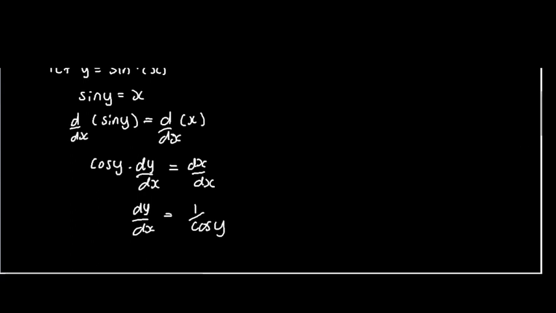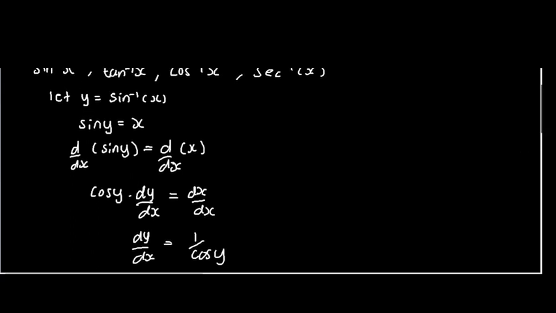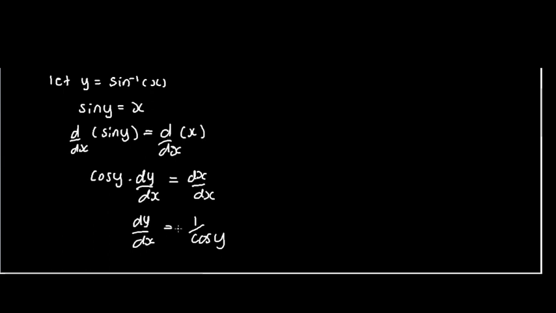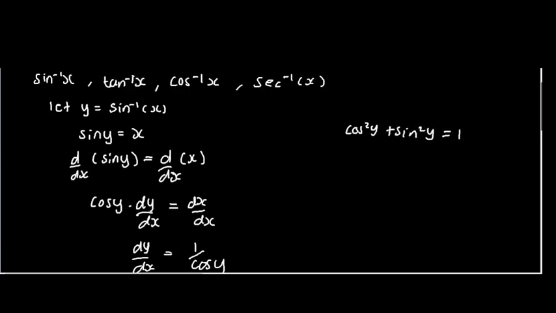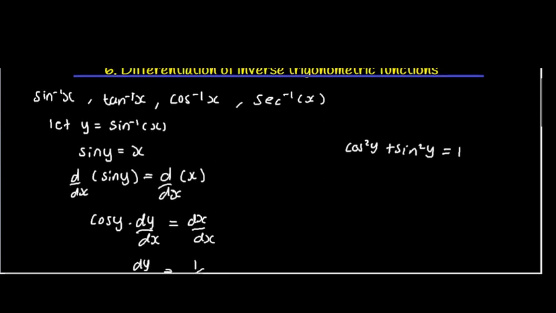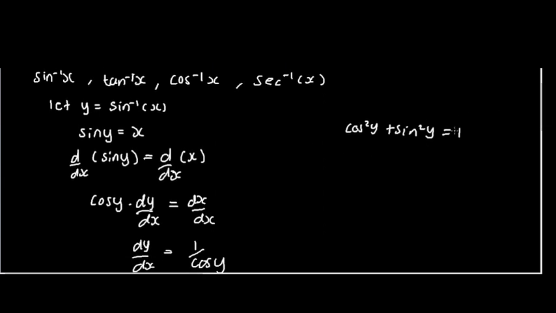When we reach that step, we can use the trigonometric identity cos squared y plus sine squared y being equal to 1. I hope you're all familiar with this. If you've never seen it, we shall look at it in trigonometry.